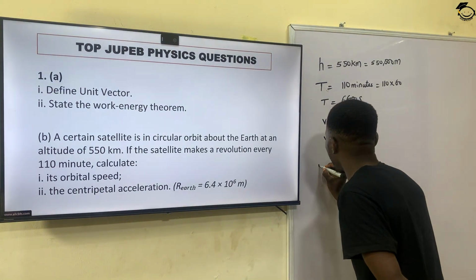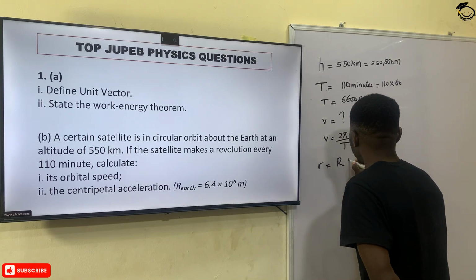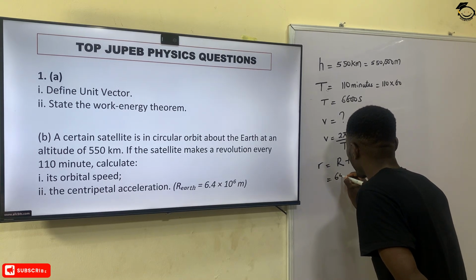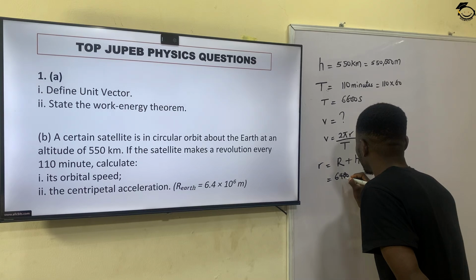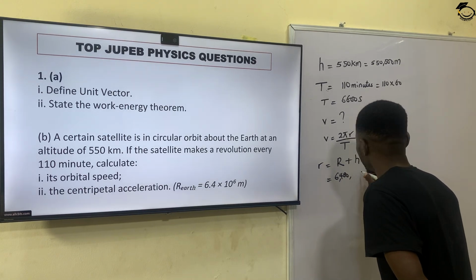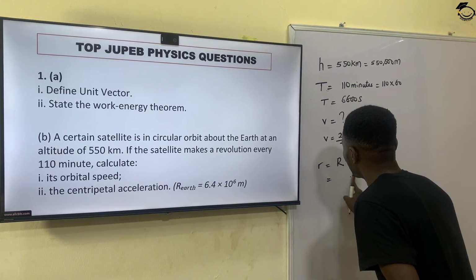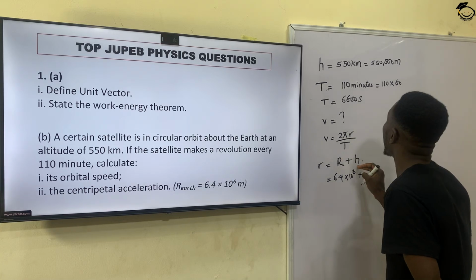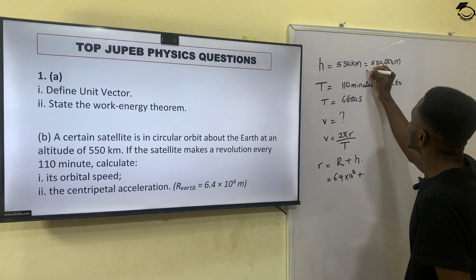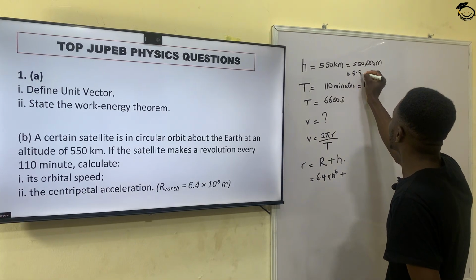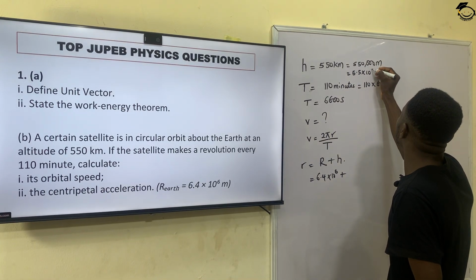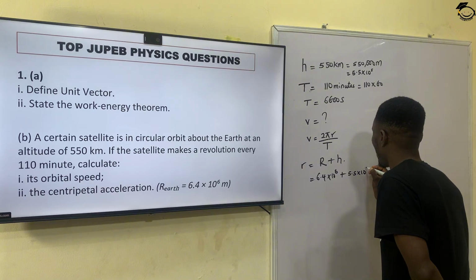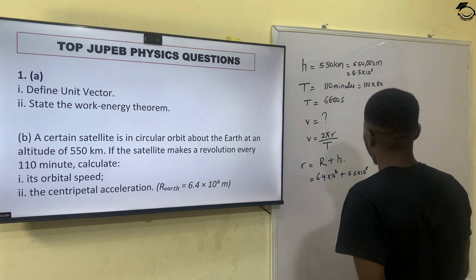My r here is equal to the radius of the Earth plus the altitude attained. The radius of the Earth is 6,400 kilometers, which in standard form is 6.4 times 10 raised to the power 6 meters. Plus my height, which in standard form is 5.5 times 10 raised to the power 5.